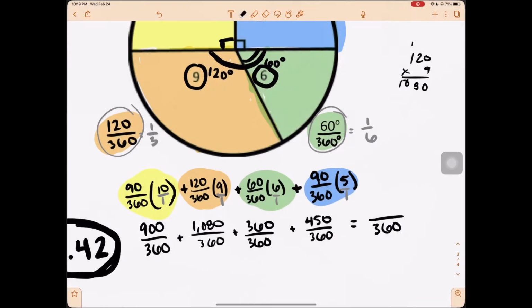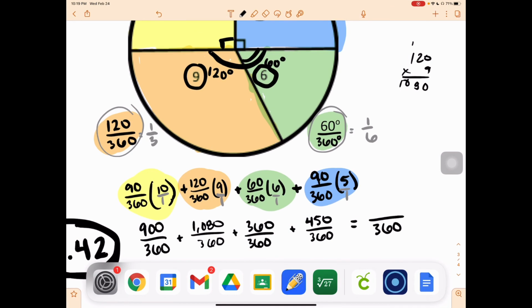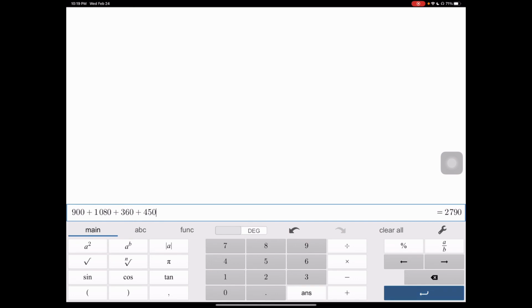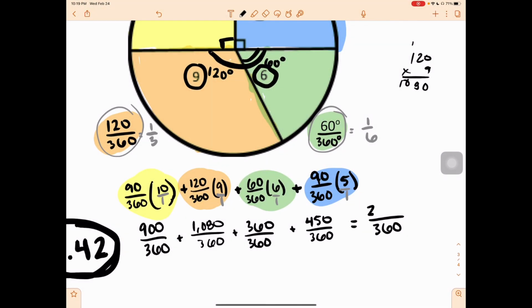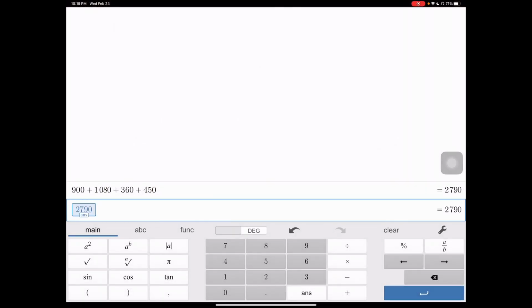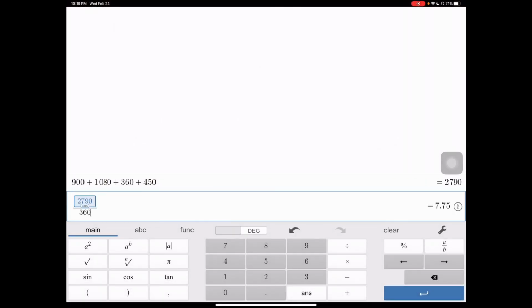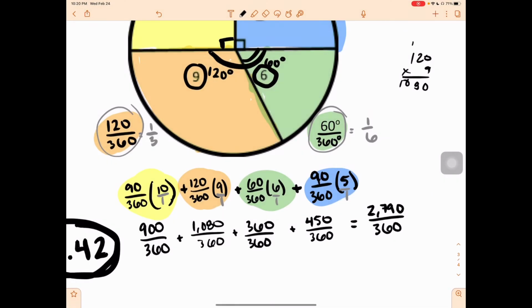That'll be amazing if I actually remembered. 900, 1080, 360, 450. Yep, sweet. So we have 2,790. And now I need to divide that by 360 to find my expected value. So my answer there divided by 360, 7.75 should be your expected value.